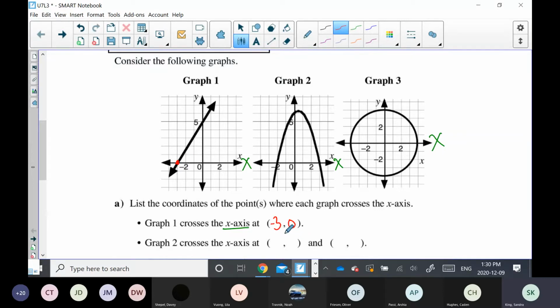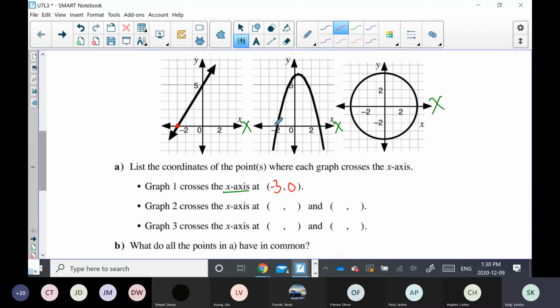What I want everybody to do now is graph number 2. It has 2 coordinates where the graph cuts the x-axis. So the graph cuts the x-axis at that coordinate and at that coordinate. I want you to write those coordinates.